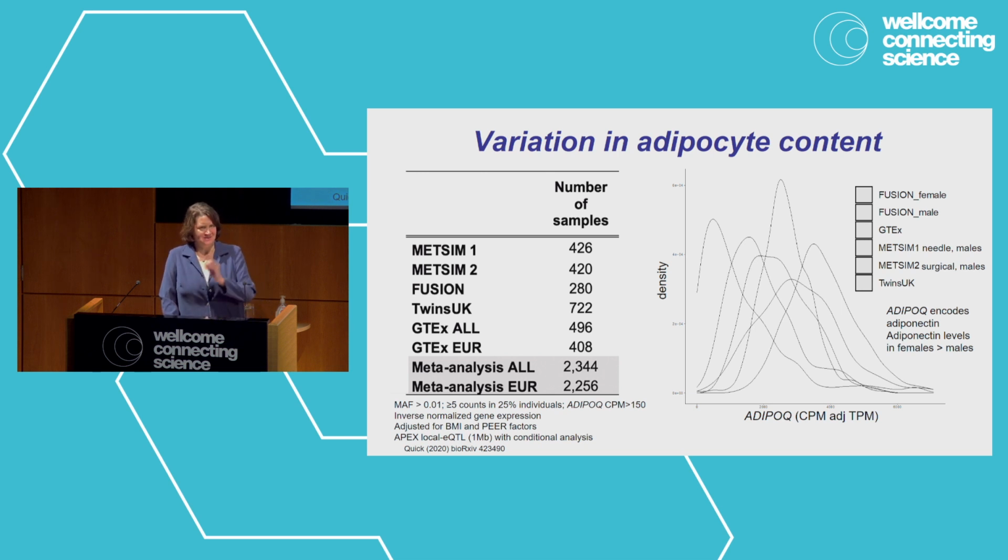Those levels are higher in women than in men, and the cleaner studies, so Twins UK, furthest on the right, is the cleanest data, punch biopsies, lots of adipocyte content. GTEx is the worst, over on the left. In fact, there are some samples that had such low AdipoQ that we discarded them and had stronger results. We discarded about 15% of the samples from GTEx and had cleaner eQTL data for looking at adipose analysis.